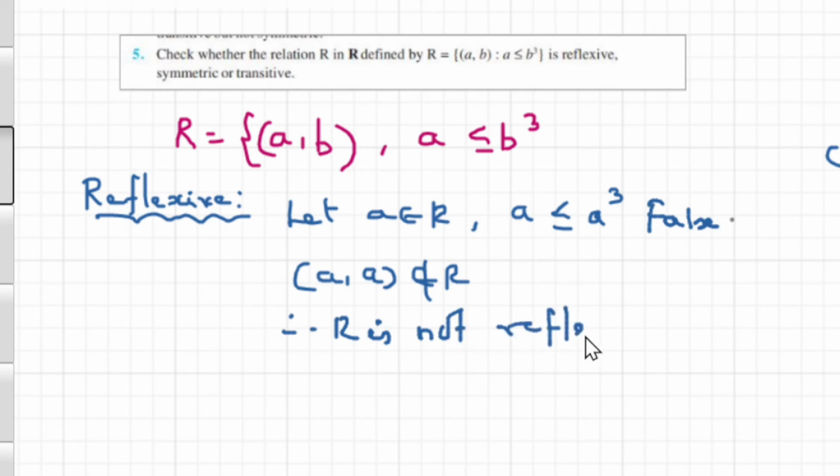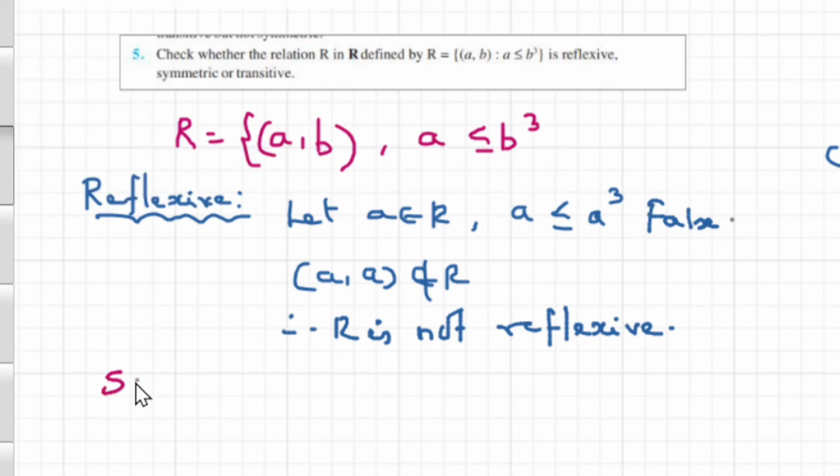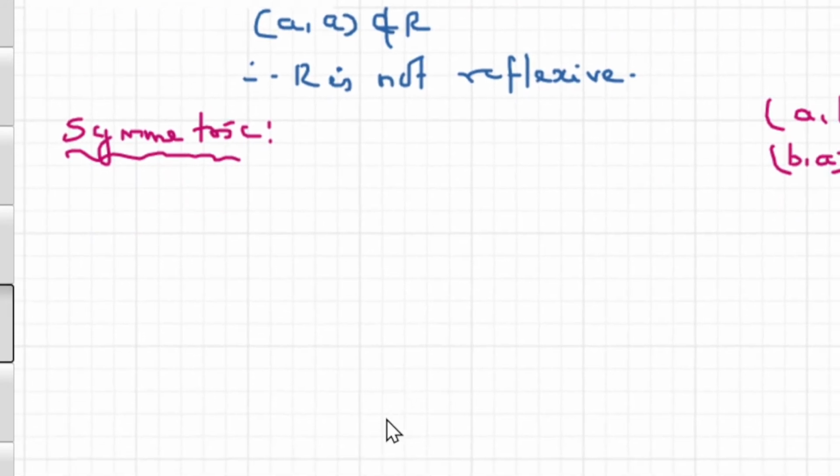This is not reflexive. Then we'll see the next condition we are going to take, symmetric. In symmetric we have to take (a, b) belonging to R, and then we have to check whether (b, a) also belongs to the same R, then it is symmetric.